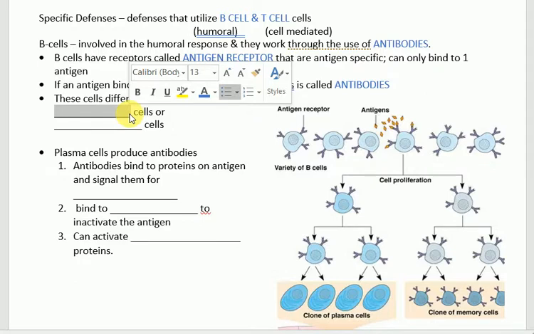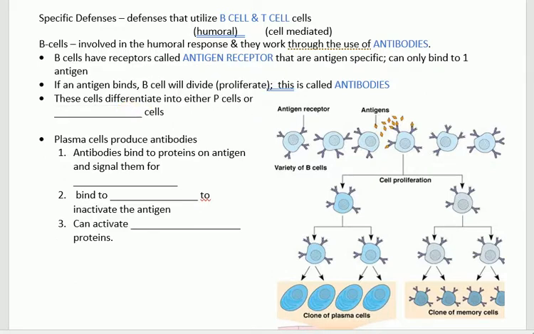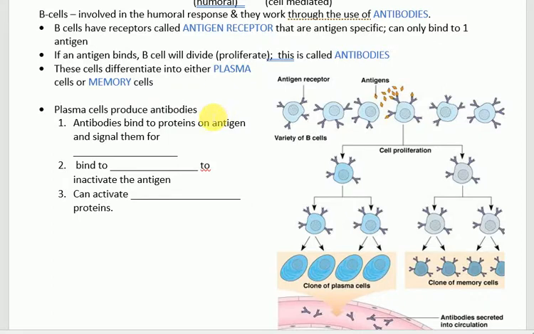They can also be called or differentiated into either plasma cells or something called memory cells. So plasma cells are going to produce antibodies.